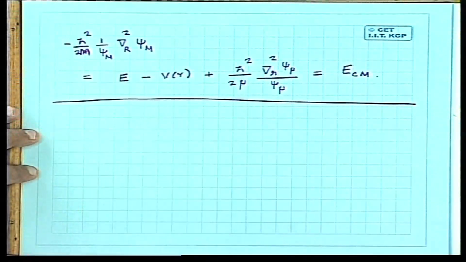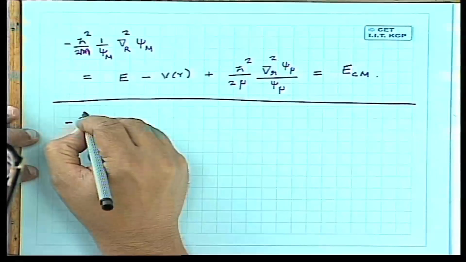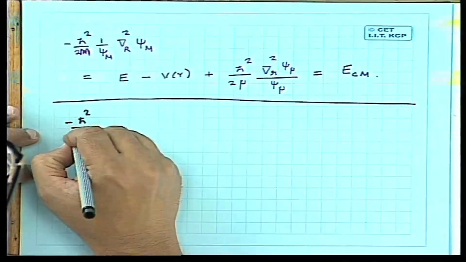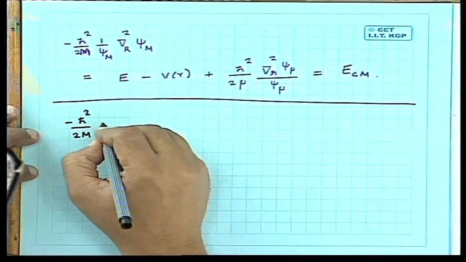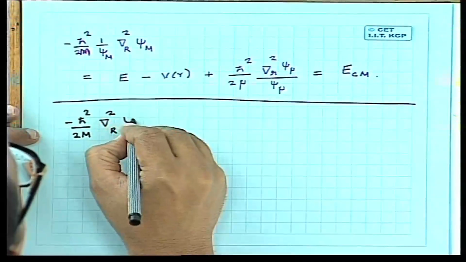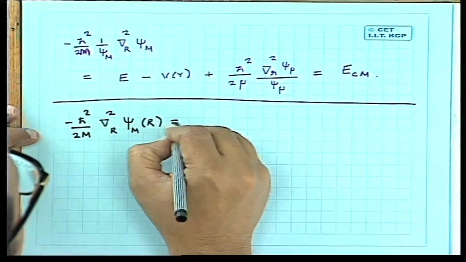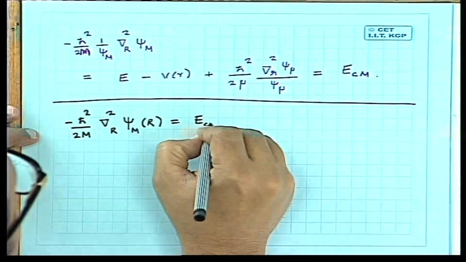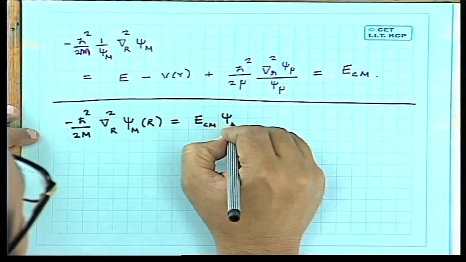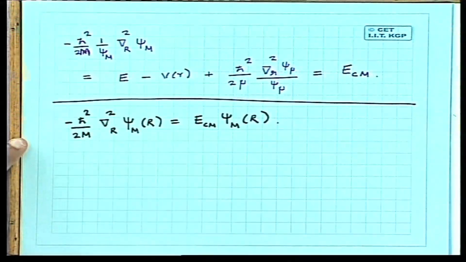The first equation, let me write down, is minus h cross square by 2m del square capital R psi capital M of capital R is equal to E center of mass into psi capital M of R. So this is the first equation.